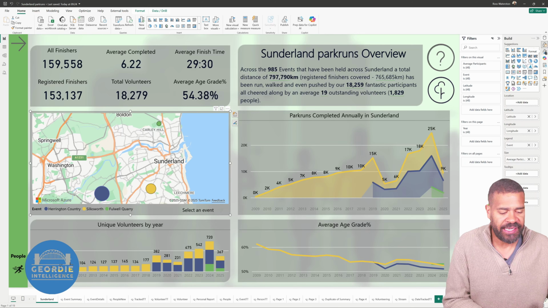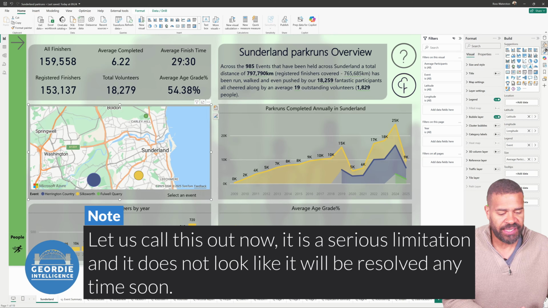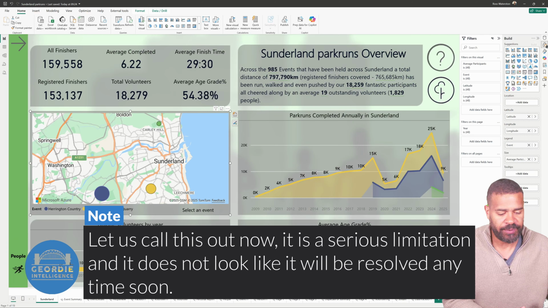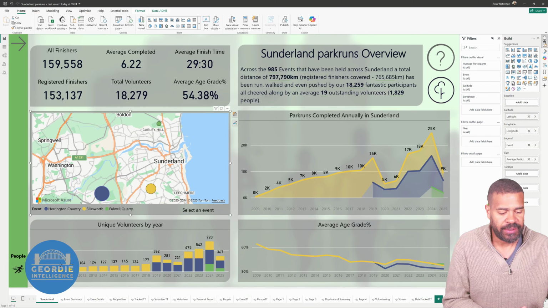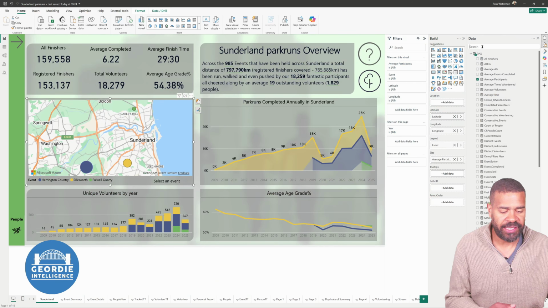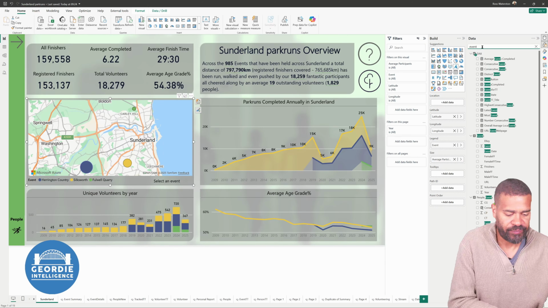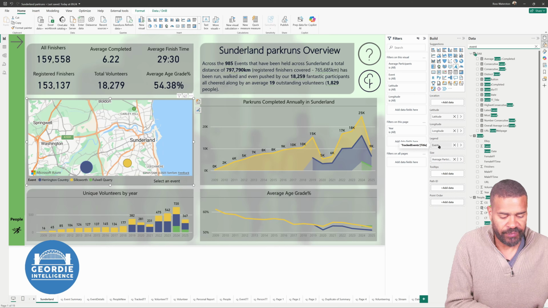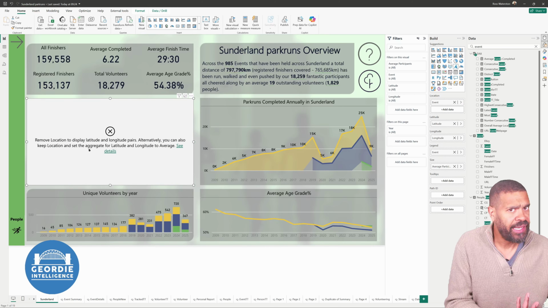So if we bring in tracked events again, it doesn't let you.